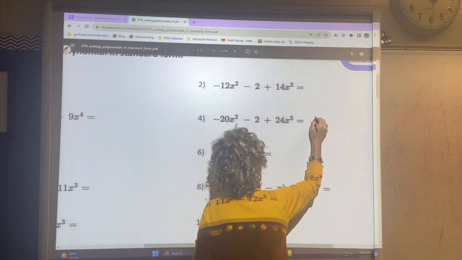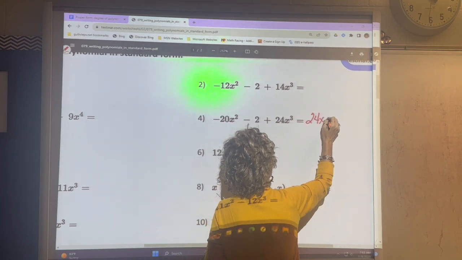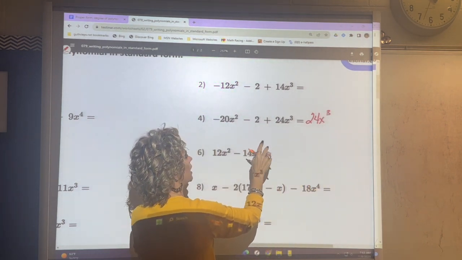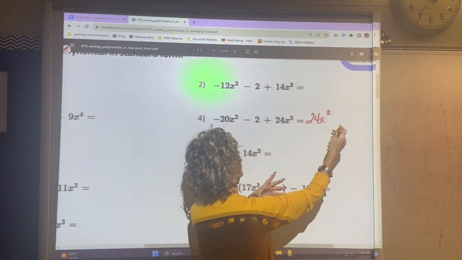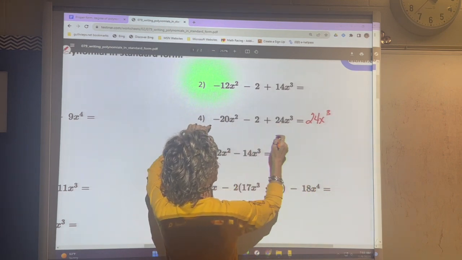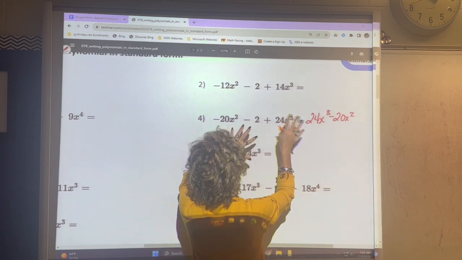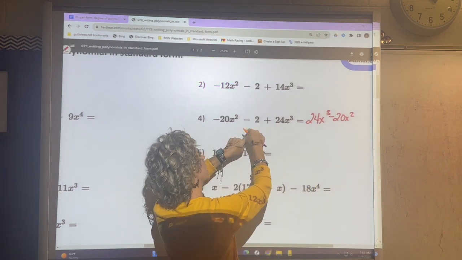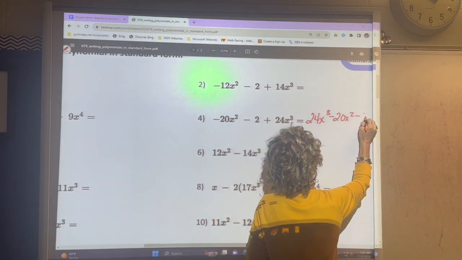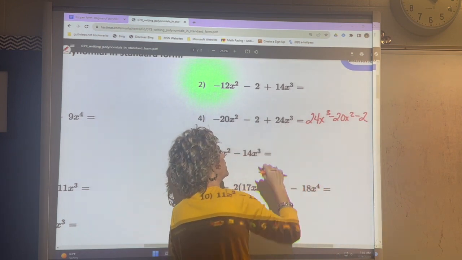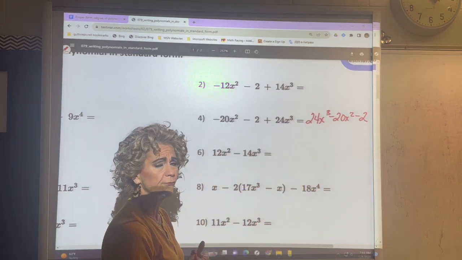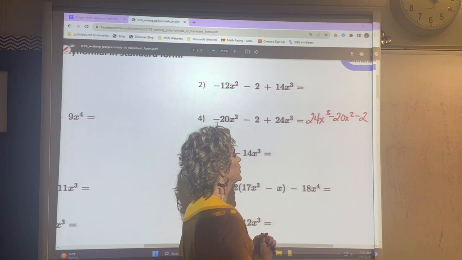So right here, I have 24x cubed. Then I have an x squared. Negative 20 is with it, negative 20x squared. I don't have any x's, and that's okay, but I have a constant all by itself, minus 2. So this polynomial is now in proper form.